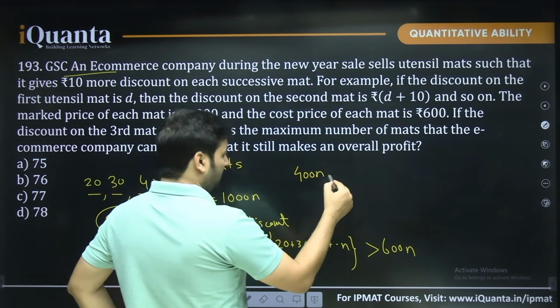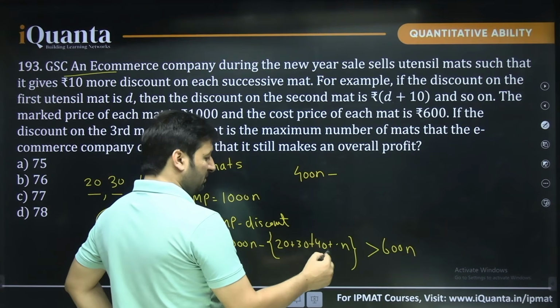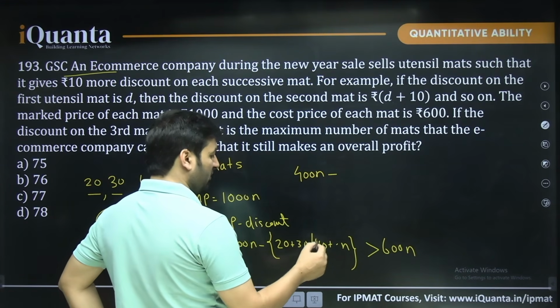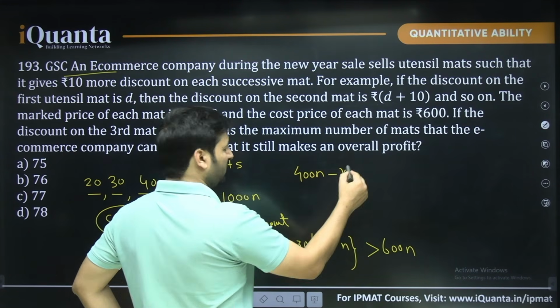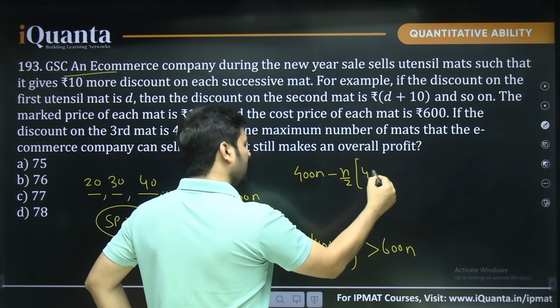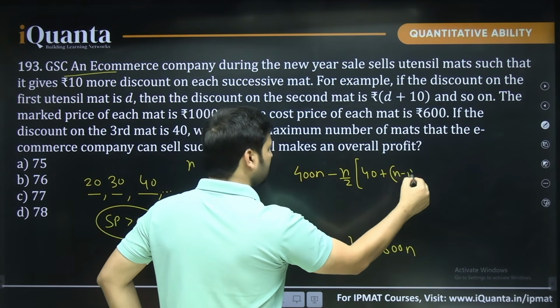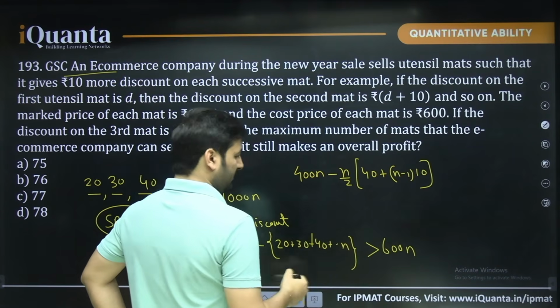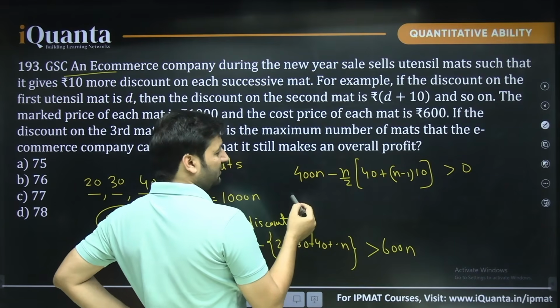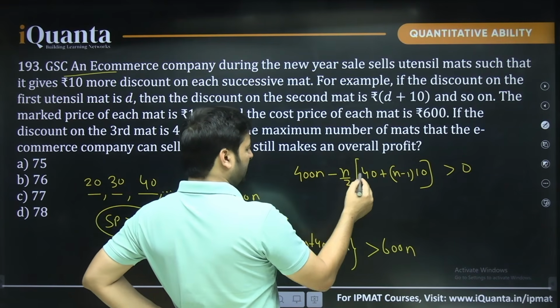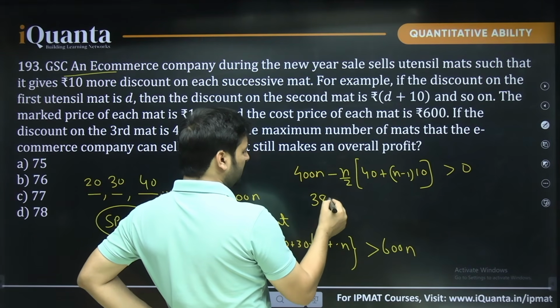right? Minus, you have this sum, which is an AP having difference 10, and you don't know the number of terms. The formula for the sum of an AP is n upon 2 into 2a, 2 into 20, 40, plus n minus 1 into difference 10. So this is the case and here we get greater than 0. What do we get further? We have 400n minus 20n, so 380n.